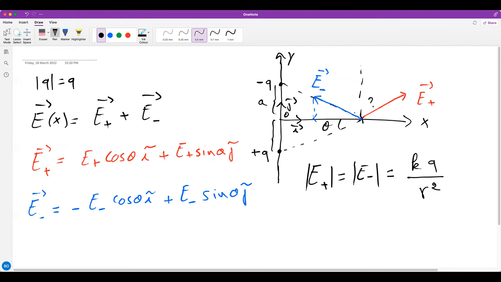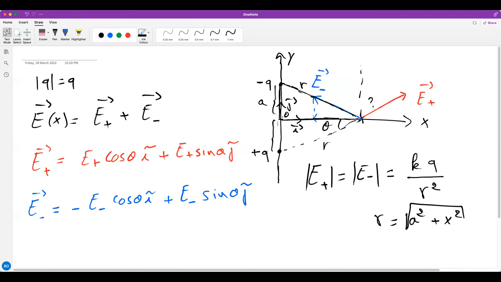And this distance r squared is this one. This is r and this is r. And you can easily see that r squared is equal to a squared plus x squared. It's a right triangle, so r squared is equal to this distance squared plus this distance squared.